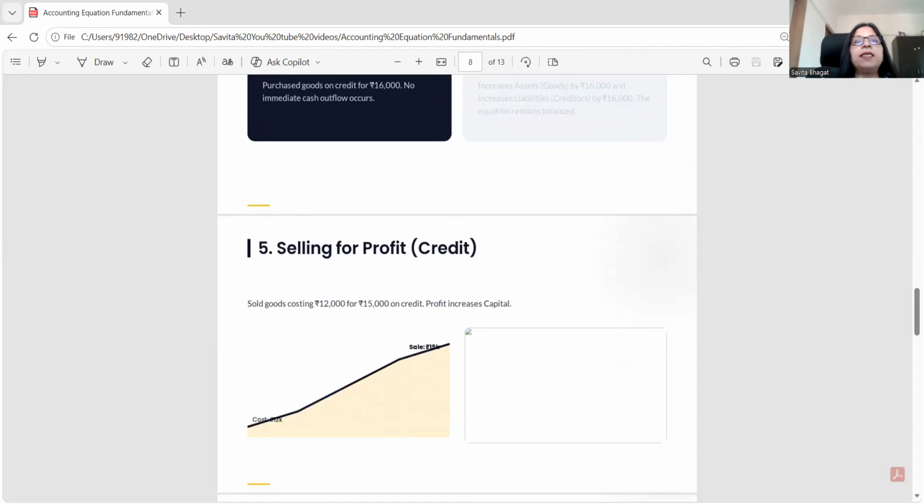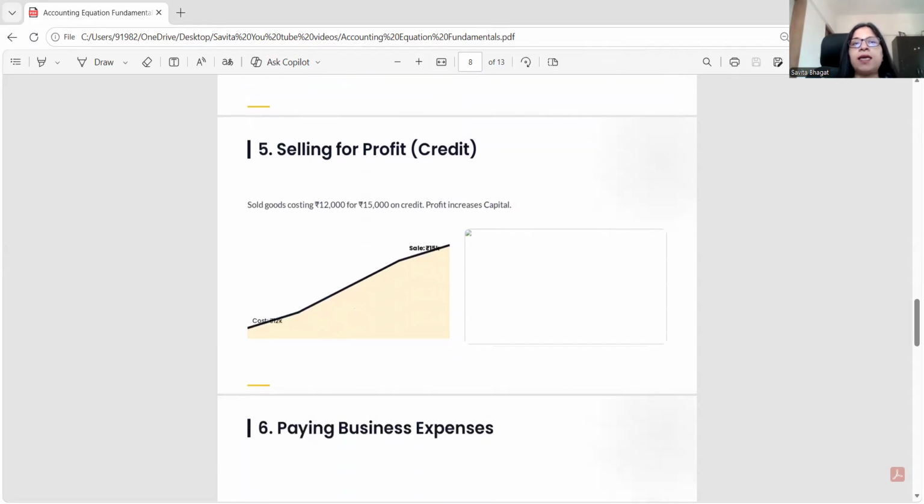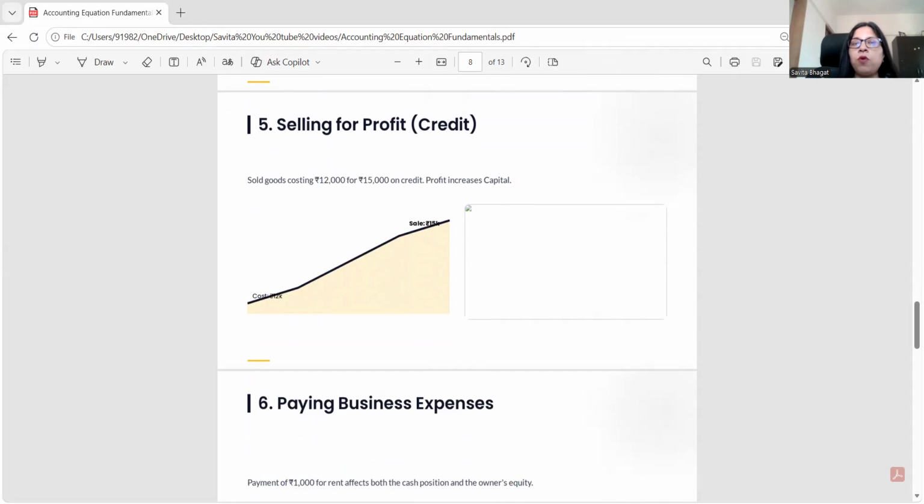Now let's understand the effect of another transaction. Suppose he sold goods costing 12,000 for 15,000 on credit. So what will be the impact of this transaction?